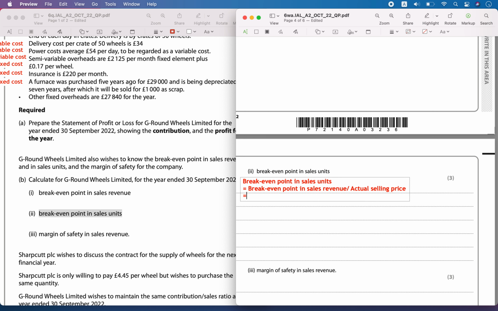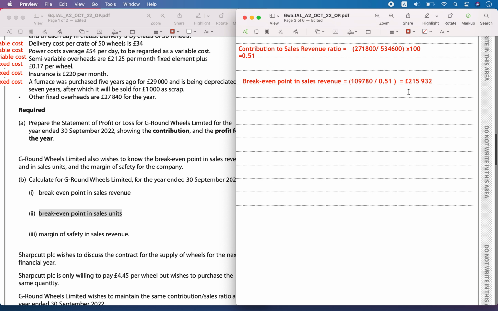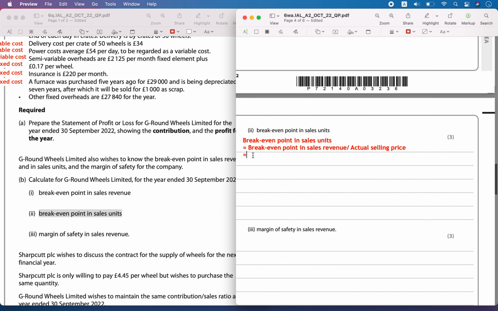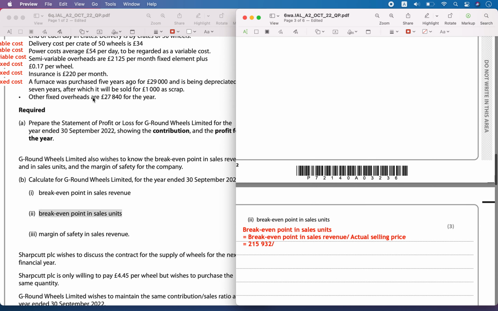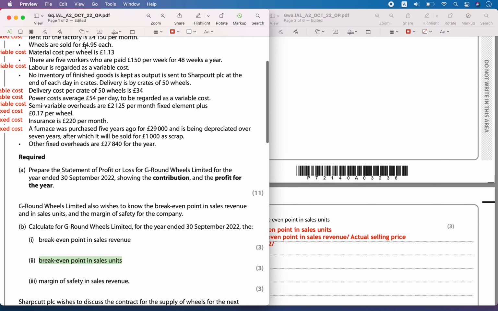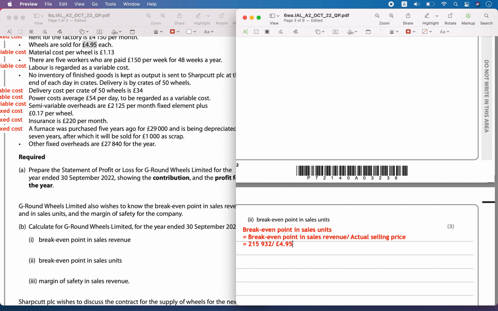So that is going to be equal to the break even revenue, which was 215,932, divided by the selling price. The actual selling price is 4.95 pounds.